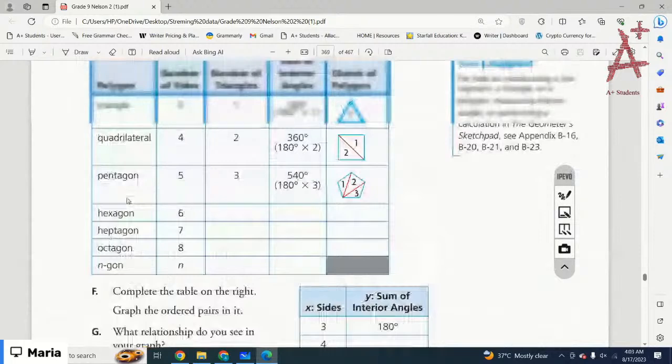In a quadrilateral, you can make two triangles, so there are four sides and the number of triangles inside is two. That means the sum of the angles is 2 times 180 equals 360. Then you have a pentagon. The number of sides is five, you can make three triangles, so that would be 180 times 3, which is 540, right?